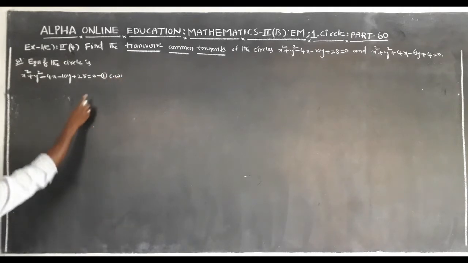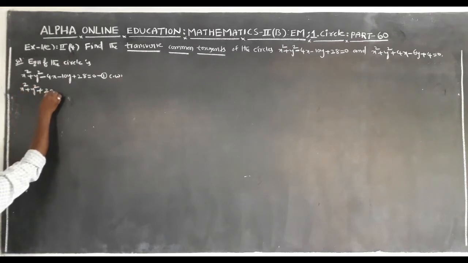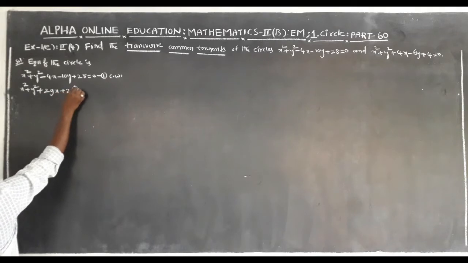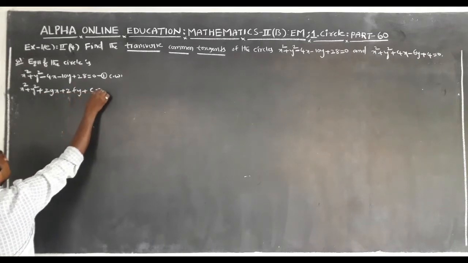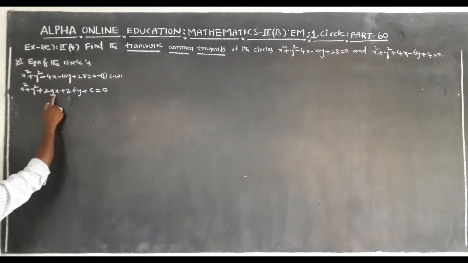Comparing with the general equation x² + y² + 2gx + 2fy + c = 0.